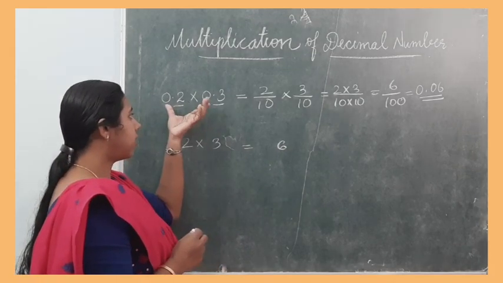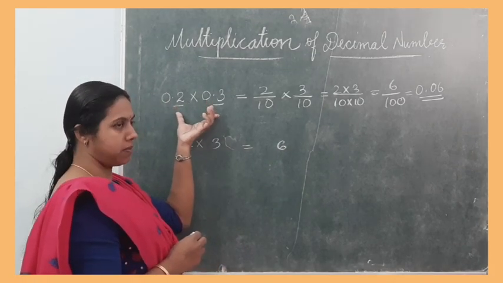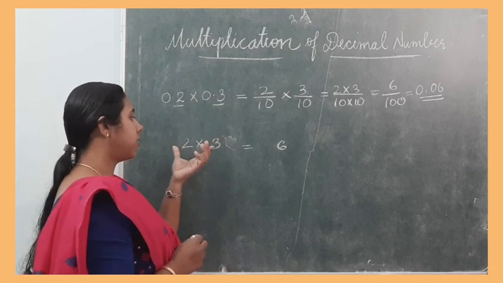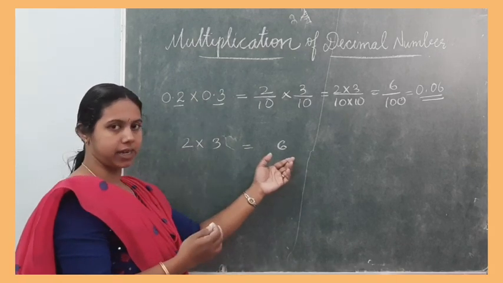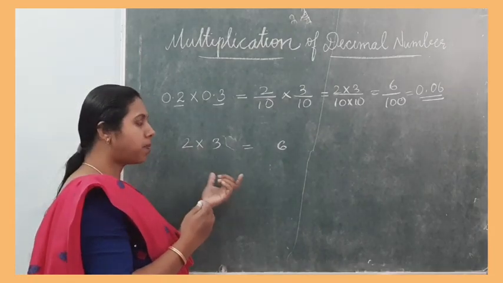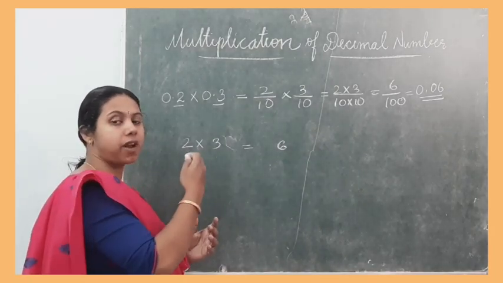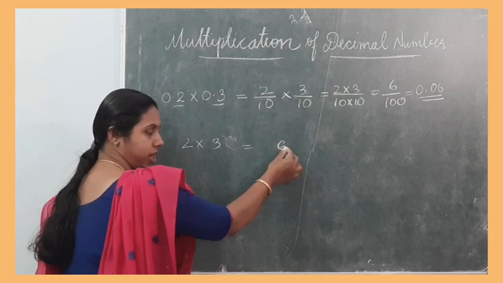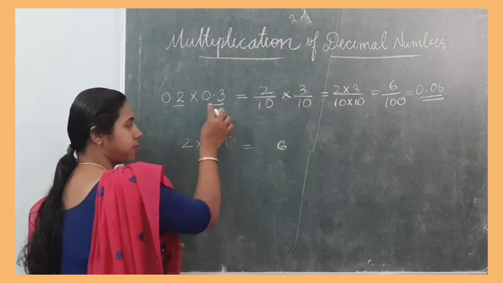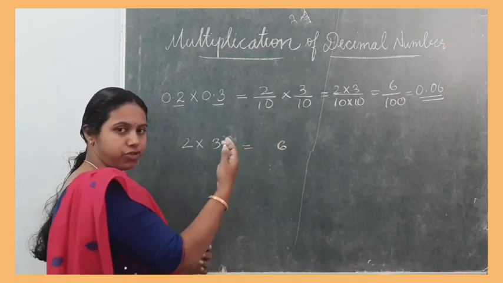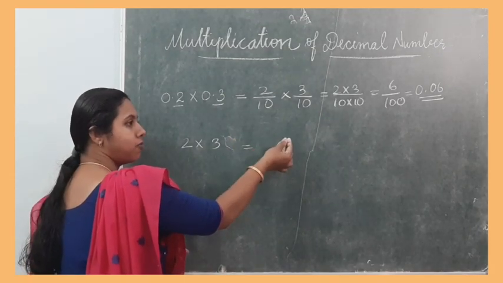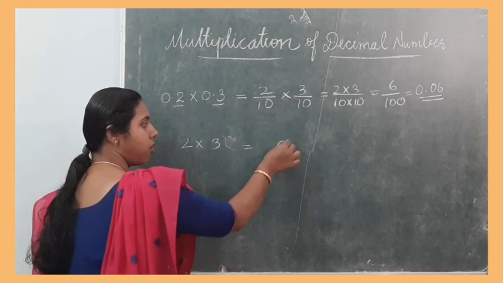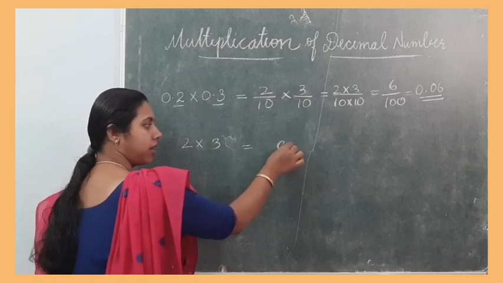Here too in the question there are two decimal places. We just multiply as a whole number and write the answer here. Then count the number of digits starting from the rightmost digit. Here there are two decimal places, so count from the rightmost digit and move towards the left. So here the decimal point will be here.